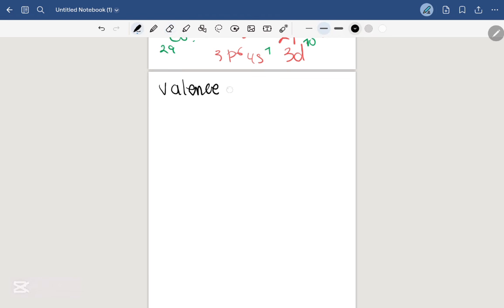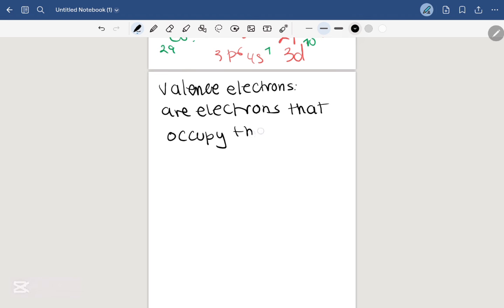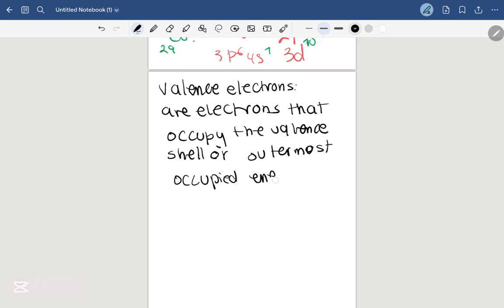They are electrons that occupy the valence shell or outermost occupied energy level of an atom.